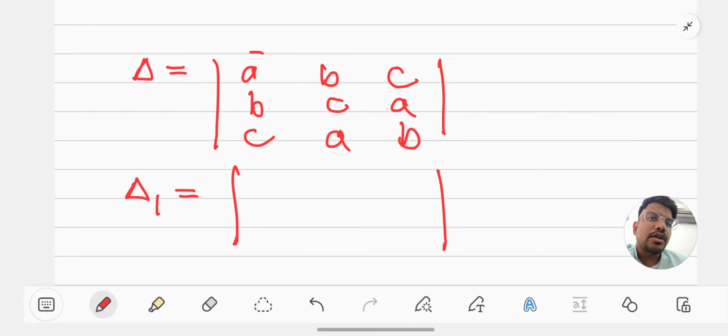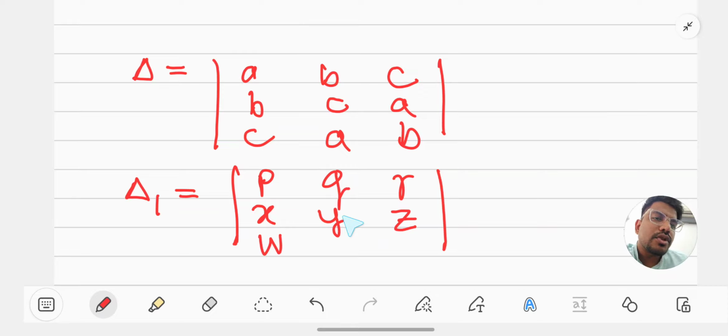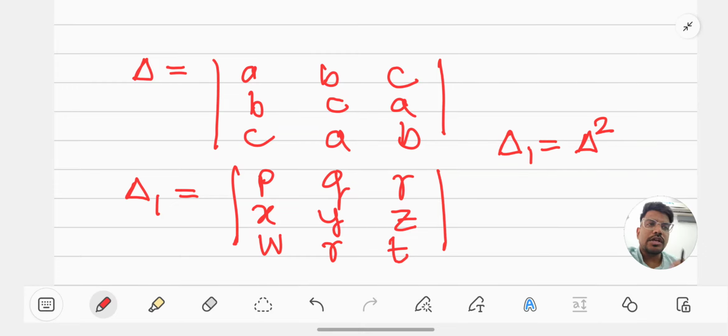Let me say the cofactor of A is P, cofactor of B is Q, cofactor of C is R and so on. So this delta 1 determinant is formed by the cofactors of the corresponding elements. There is a property which says that delta 1 is actually equal to delta square. It means the determinant formed by the cofactors is equal to the square of the original determinant.